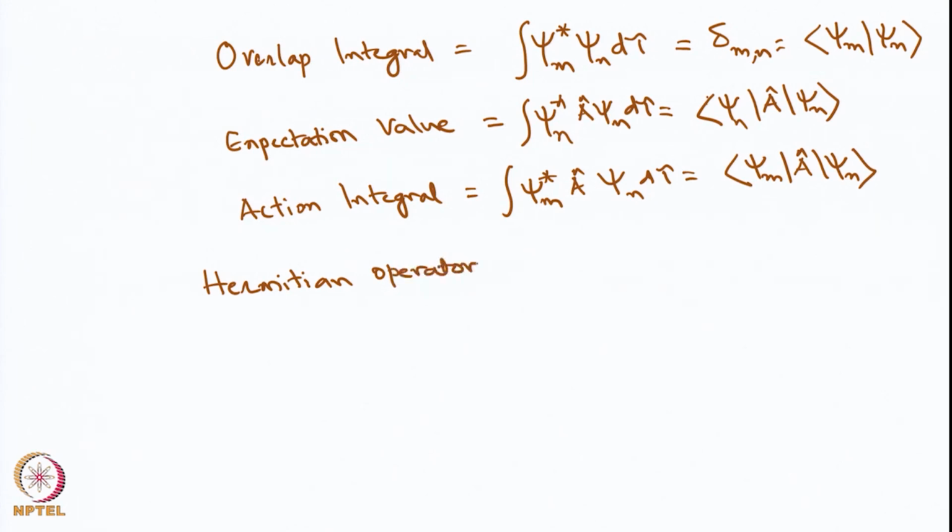If an operator A is Hermitian, then the average value of A should be equal to the average value of A transpose star.